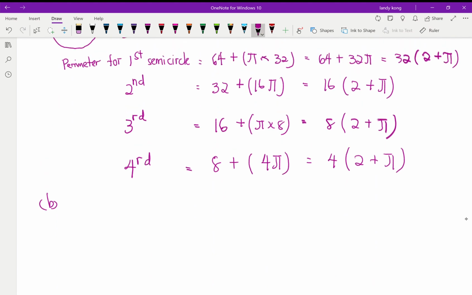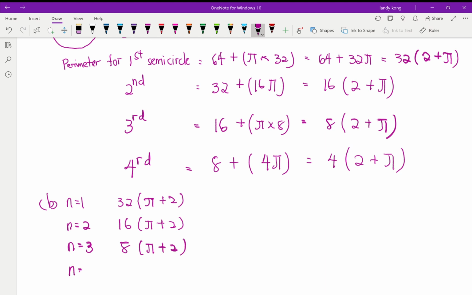I know that when n equals 1, my perimeter will be 32 times (pi plus 2). When n equals 2, it will become 16 times (pi plus 2). When n equals 3, it will become 8 times (pi plus 2).